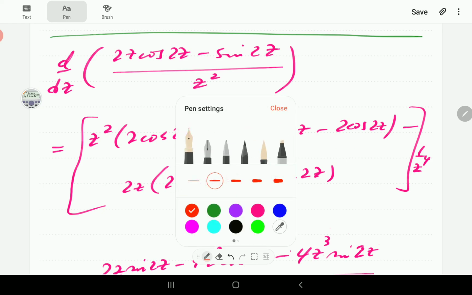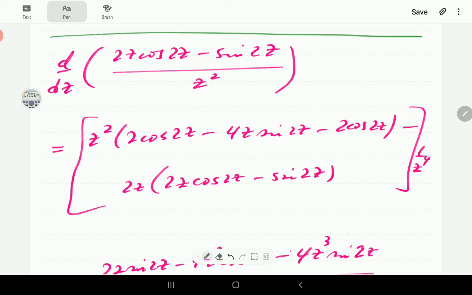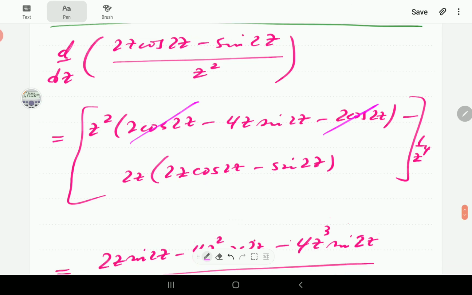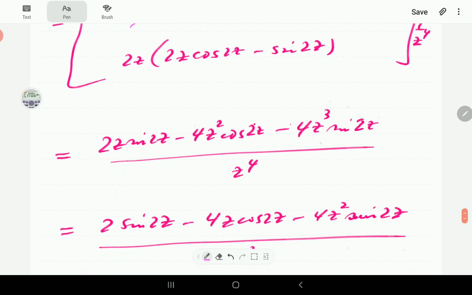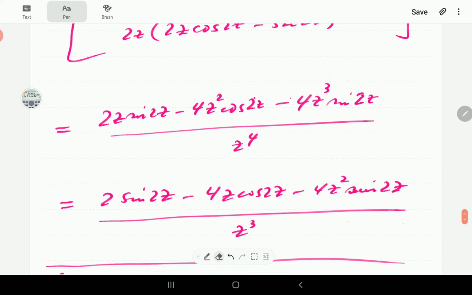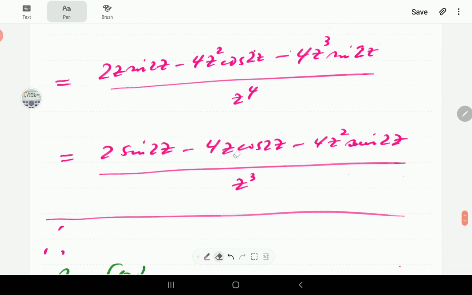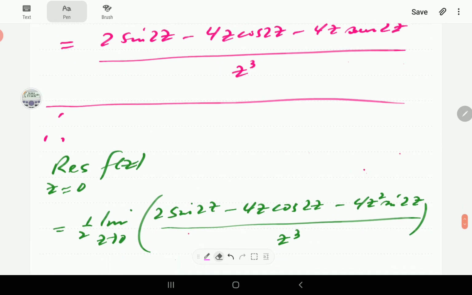Now notice here that this term cancels out with that term, so then we're going to end up having these three terms in the numerator. All of them involve a multiple of z, so we divide by z. So that is what happens when we differentiate for the second time.